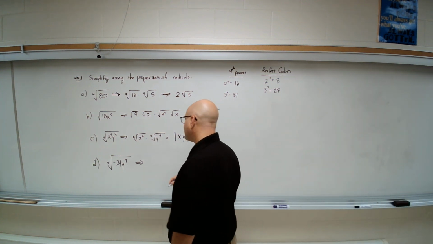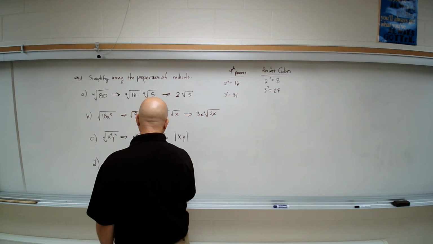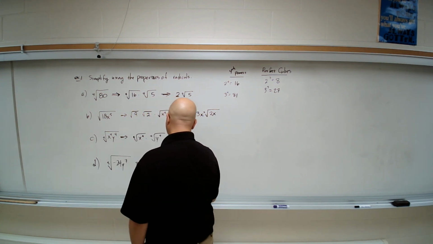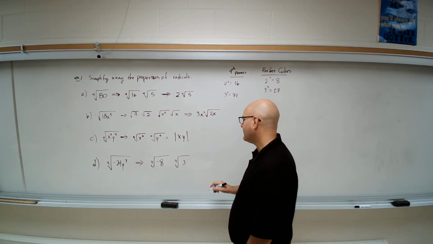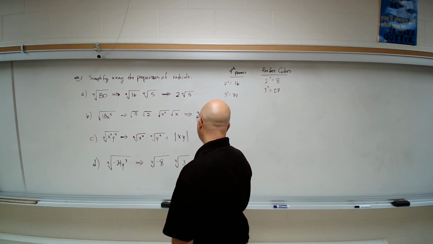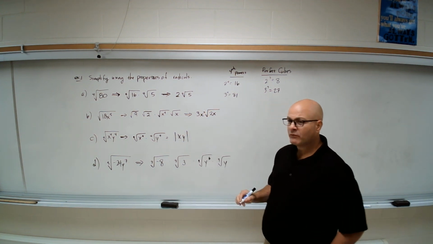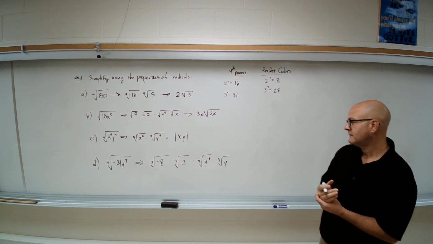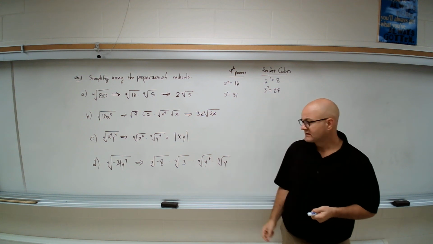So from here, let's split this up as the cube root of negative 8 times the cube root of 3. Okay, we'll just deal with the negative over there. It's nice to get it outside if we can. And then the cube root of y to the 6th times the cube root of y. Again, because 6 and 3 are comparable there.